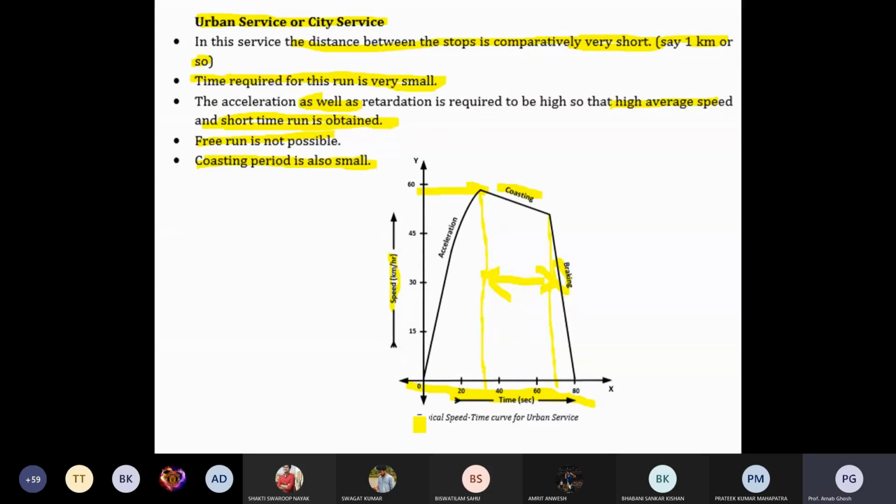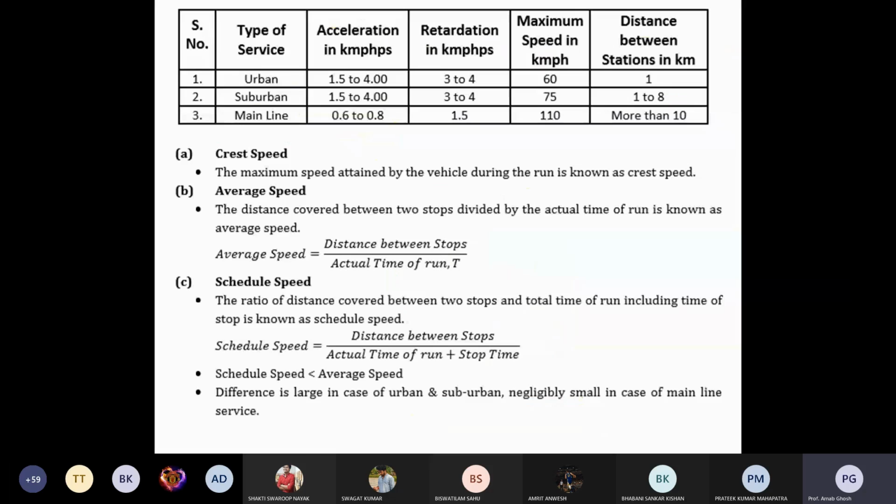So what are the important features? From this table you can understand the type of service: urban service, suburban service. Acceleration is 1.5 to 4 kilometers per hour per second, and for mainline service it is 0.6 to 0.8 kilometers per hour per second.